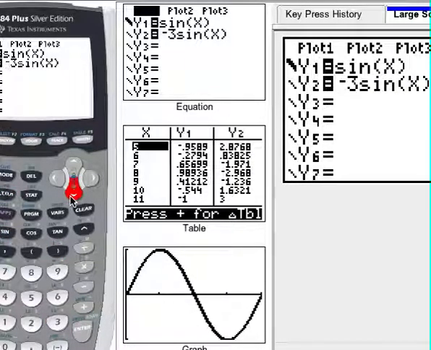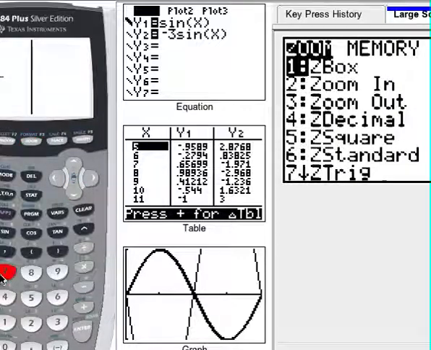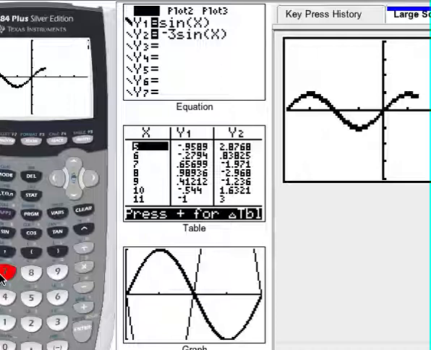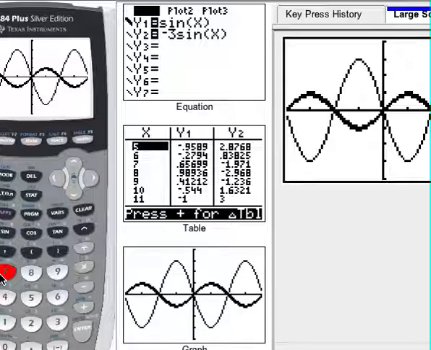In y sub 1, I want you to put sine x, y sub 2, negative 3 sine x. Now we played around with the window, so let's go back to Zoom and do Zoom 7. Zoom 7 is the trig window. So here comes my parent function, and then here comes the negative 3 sine x.